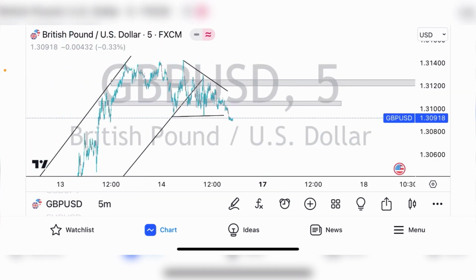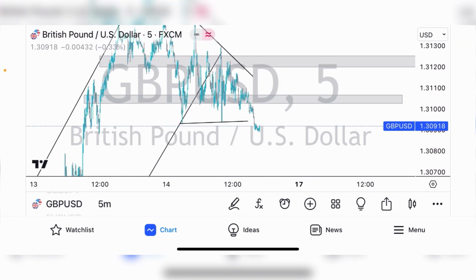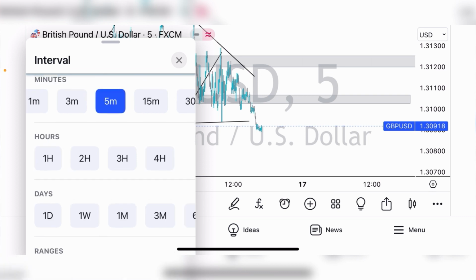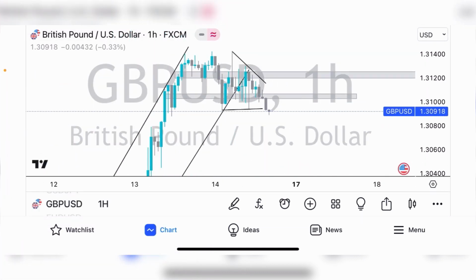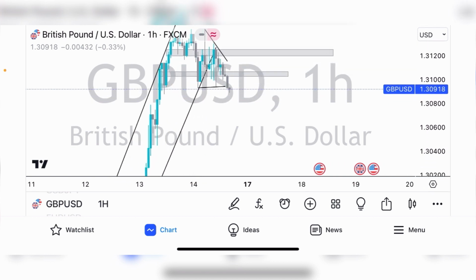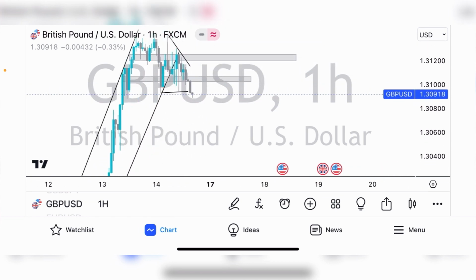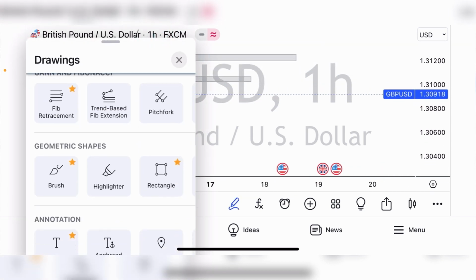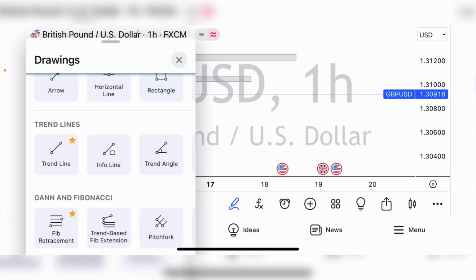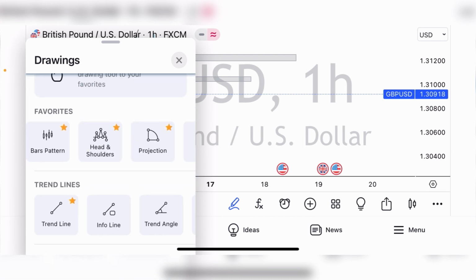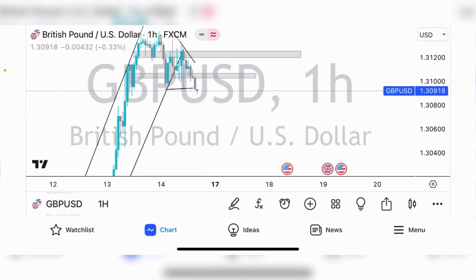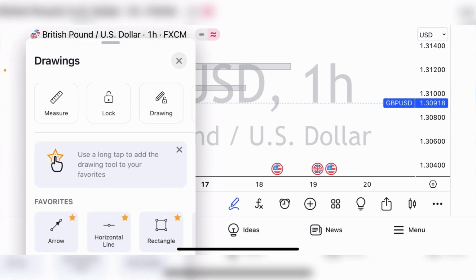This is the other pattern I see on the M5 time frame. And as we unzoom, everything will be much clearer. And like I said, we'll be taking sales on this GBPUSD, so we can wait for an entry.